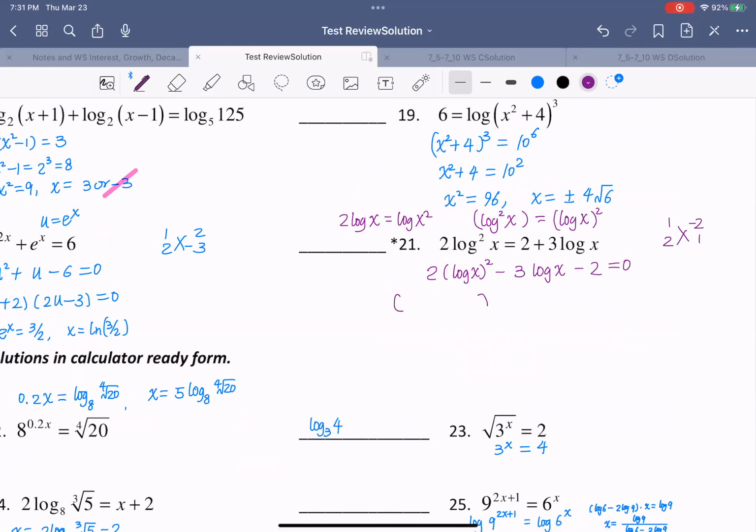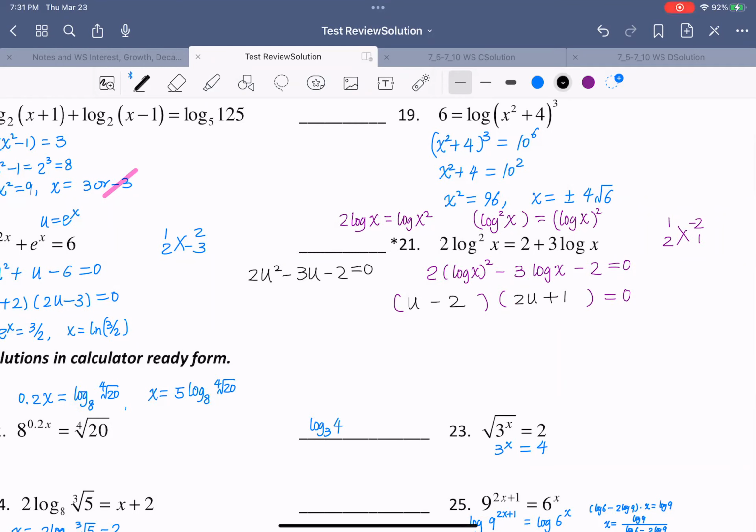So this is who times who? It'll be log x minus 2. If you are not very comfortable doing it this way, you do this as u substitution. So this means 1 times u minus 2, 2 times u plus 1.